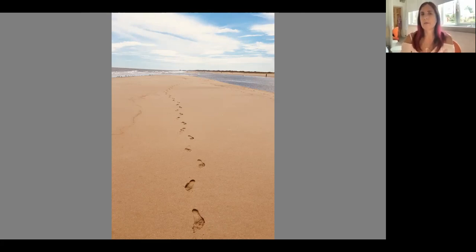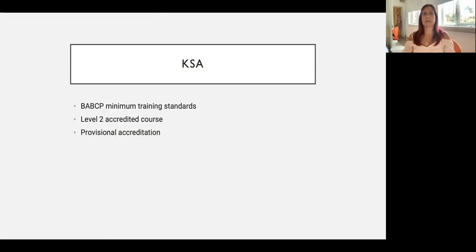Right, so if we move on, and this is the more black and white bit in terms of a slide anyway. What is the KSA all about? I mentioned briefly at the start that it is a document to evidence equivalence to a core profession that is recognised by the BABCP.